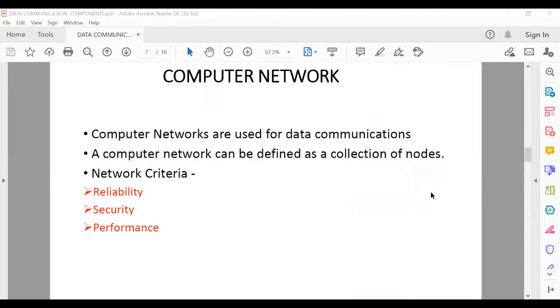Next, the computer network. Computer networks are used for every data communication technique, and this can be defined as a collection of nodes.